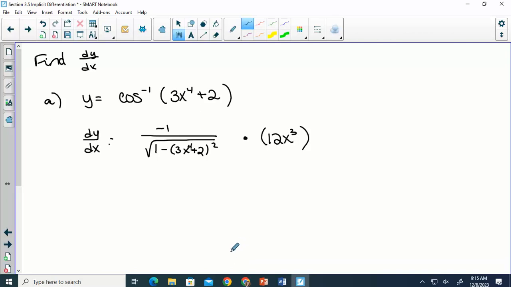And then as far as simplifying, that's really about all you could do. You could make it one fraction if you wanted. But that's fine. Last one.